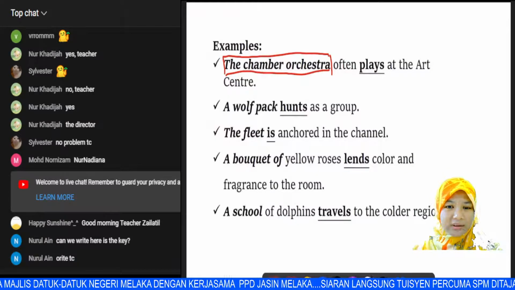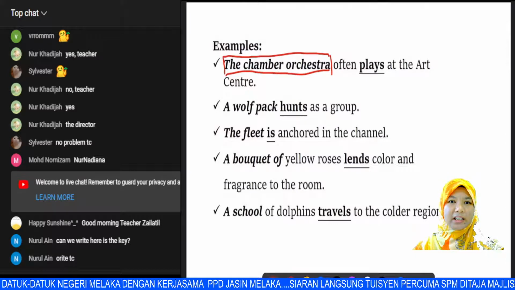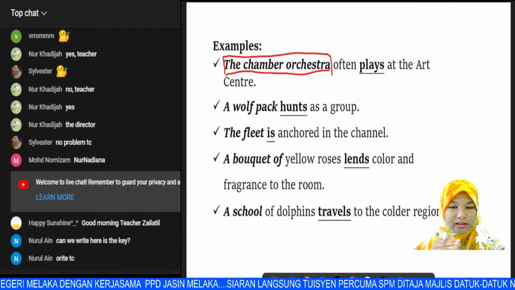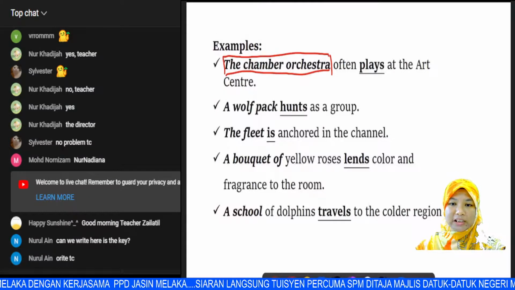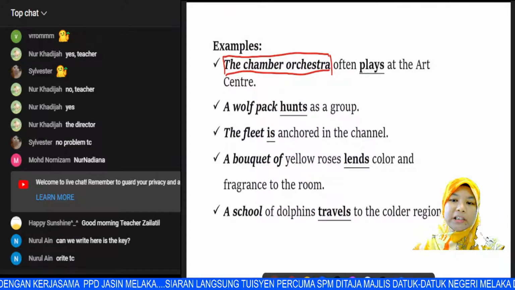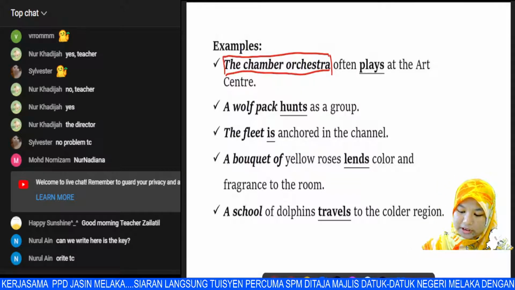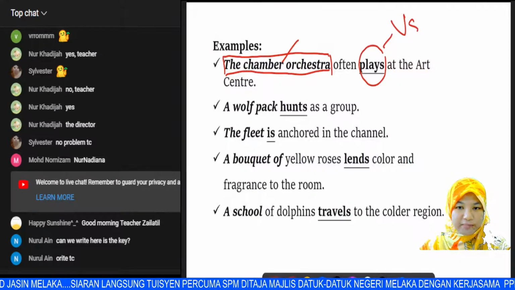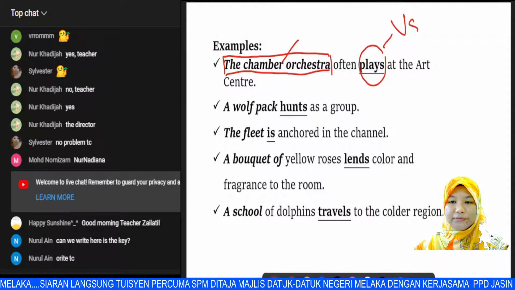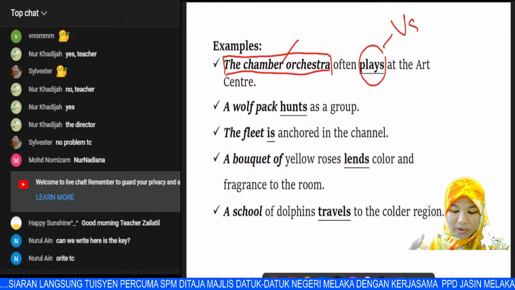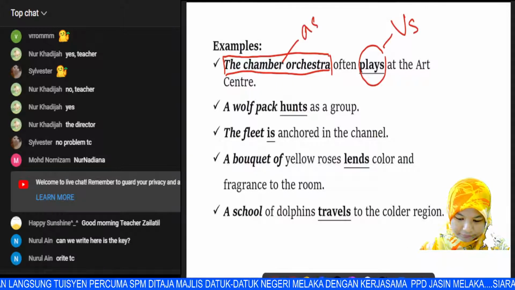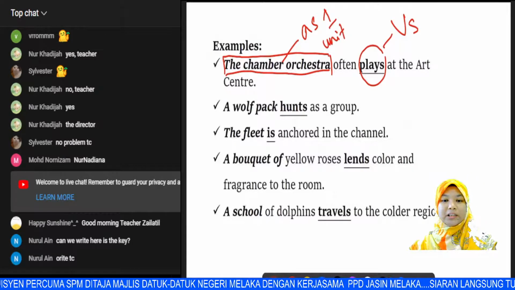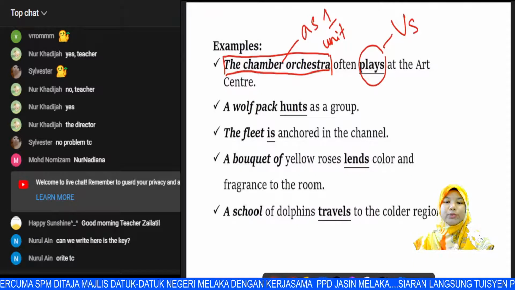But when they are together in an orchestra, they are performing as one group. With one action of performing, we use a singular verb. A chamber orchestra is referring to performing as one unit.